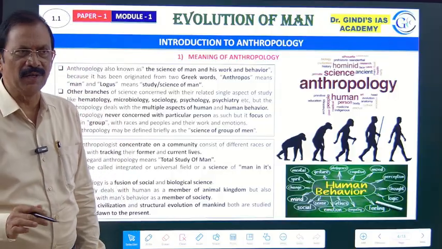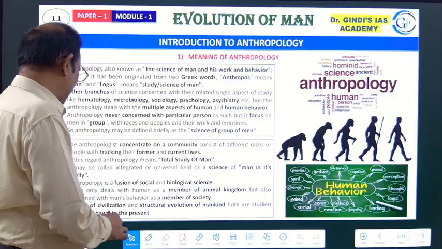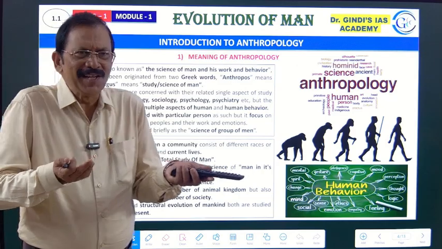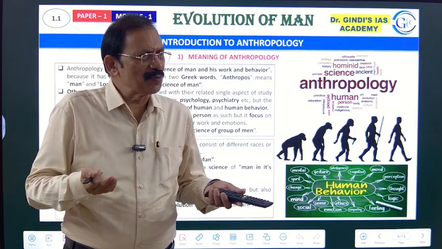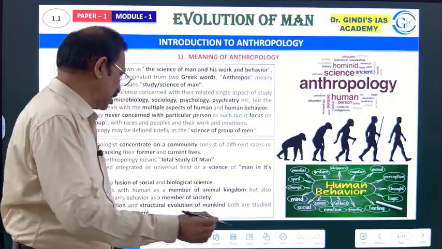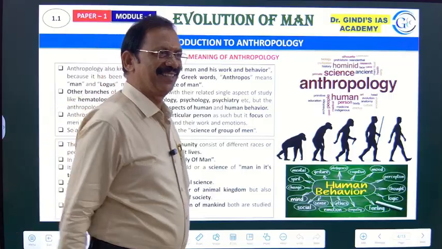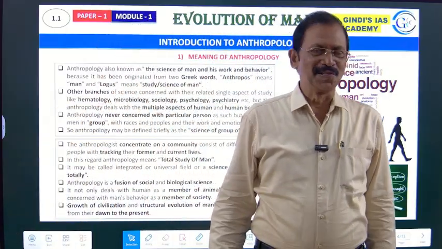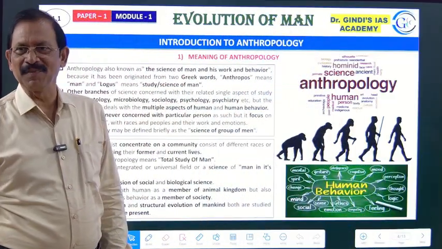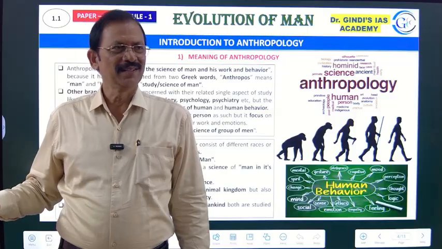That is one membership. But we have one special character: we have social behavior and we are living in a society. That is another membership, membership of a society. So humans have two types of membership: one is member of the animal kingdom, another is member of society.